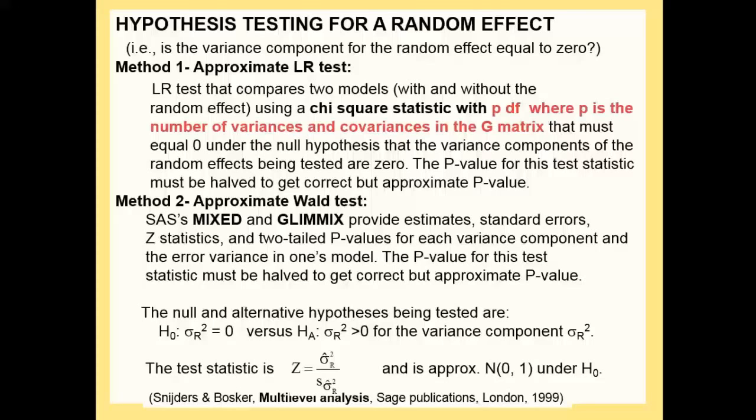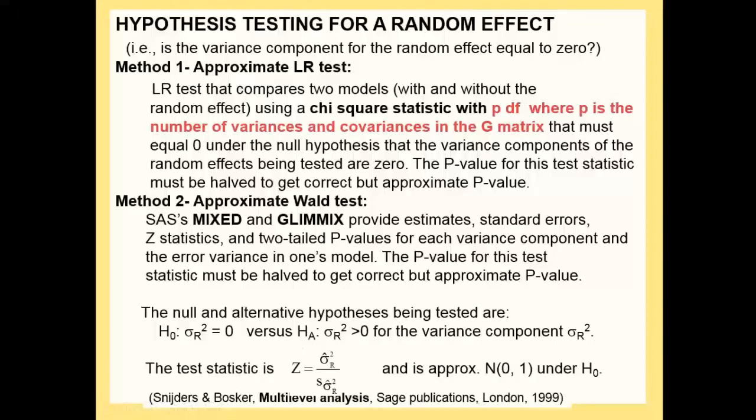If the variance is different from 0, then you're saying there is some effect. It may not be much, but you can find significance about it. So when you're testing something about a random effect, you're testing whether the variance corresponding to that random effect is 0 or not. That's what you're testing, okay? But you are testing whether it's 0 versus greater than 0, because it can't be less than 0.